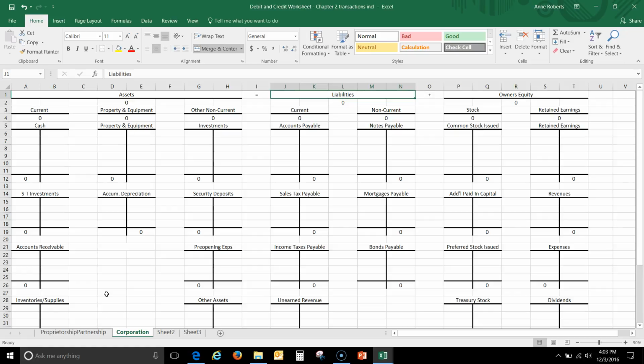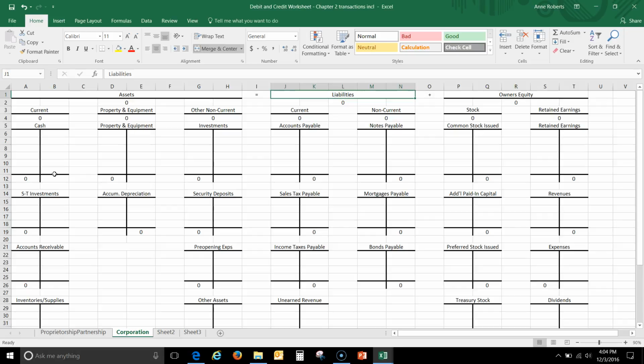Where the general journal then ends up affecting the accounting records is when we do this posting process, where we take the general journal, go down through it, and take out all the cash items. We take all the debits to cash and put them over here on the debit side in cash, and then we take all the cash credits and put them over here into the cash.